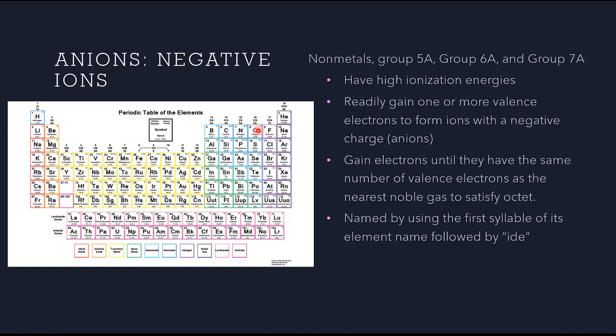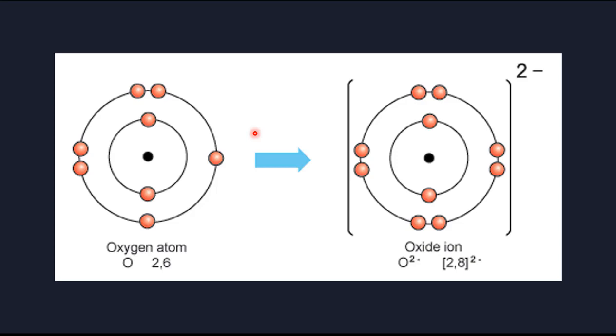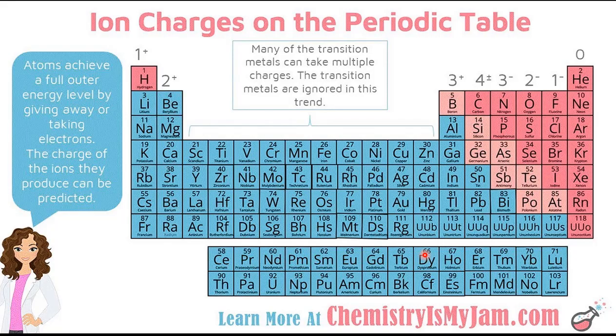That writing is very small. 6A element, meaning it has 6 valence electrons. 1, 2, 3, 4, 5, 6 electrons in its valence shell. Again, it is going to have a stronger desire to satisfy the octet by picking up 2 electrons to become like its nearest noble gas. And so we will end up with the oxide ion, O2-.